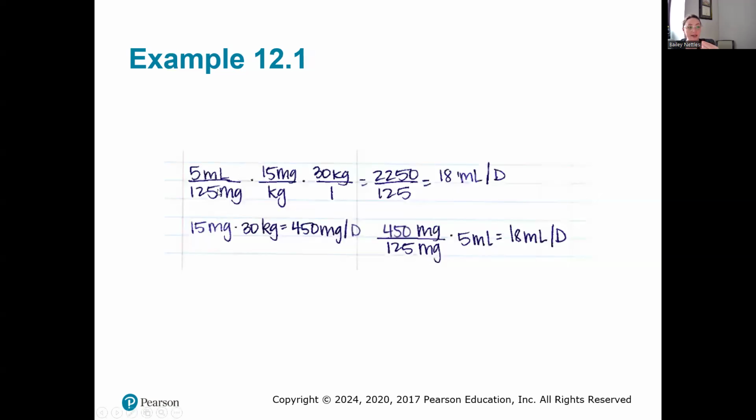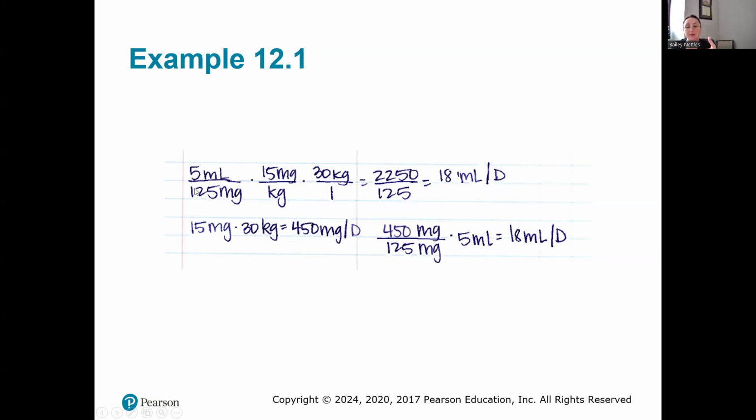Okay, I have my milligrams have to cancel out. So I put my 15 milligrams per my 1 kilogram, because every kilogram gets 15 milligrams. Okay, so then I have my 30 kilograms. And if I needed to convert, this is where I would do it. You multiply across, divide, 18 milliliters per day.